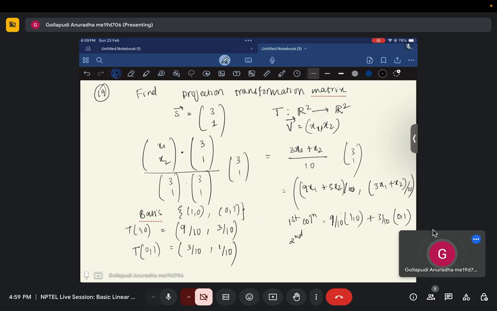And the second column will be, so this is the projection matrix.